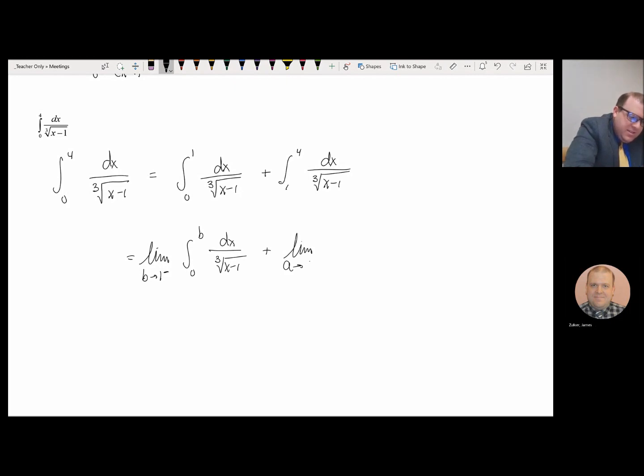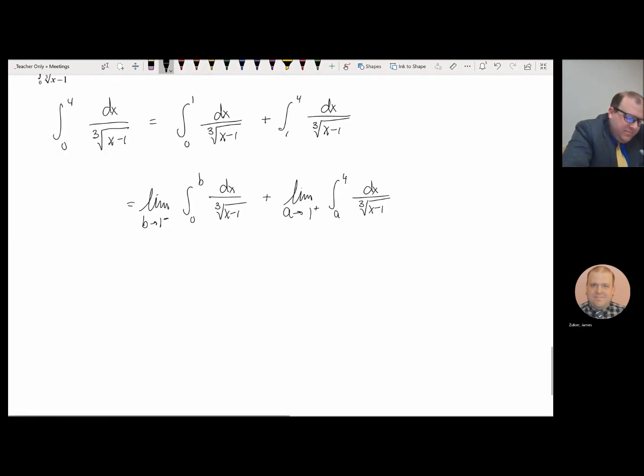Write these as limits. Now let's go ahead and evaluate. What is the antiderivative? 1 over the cube root of x minus 1.